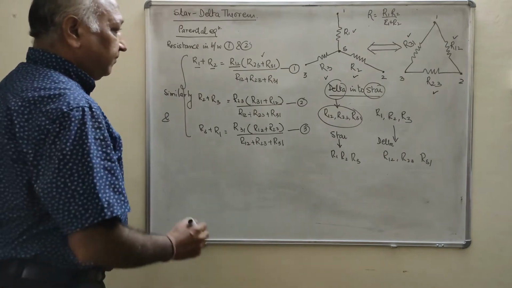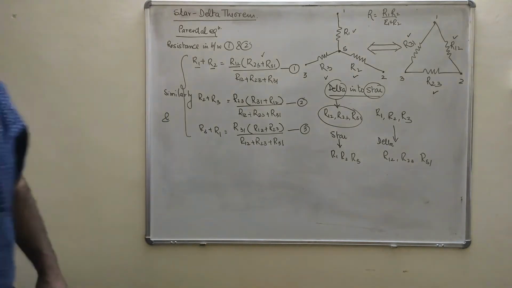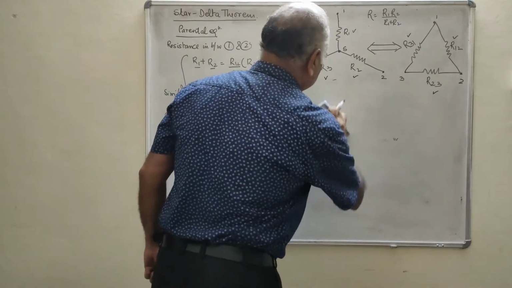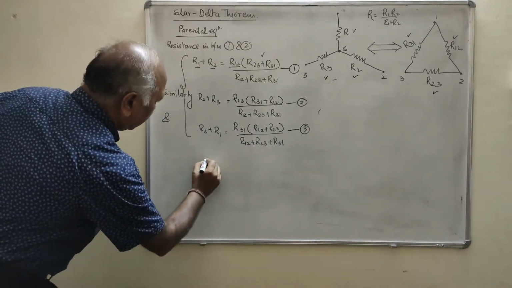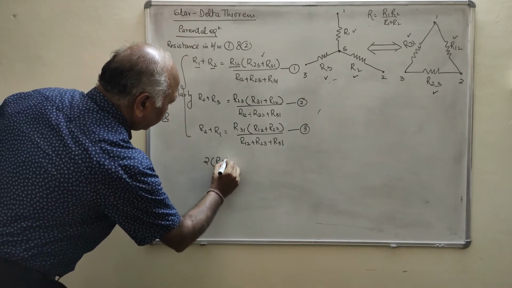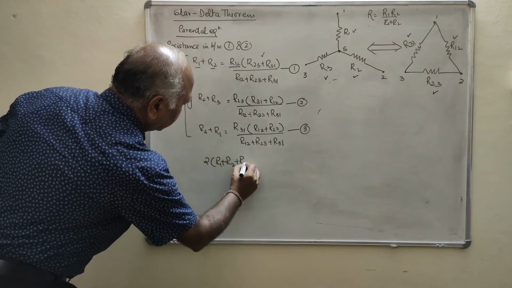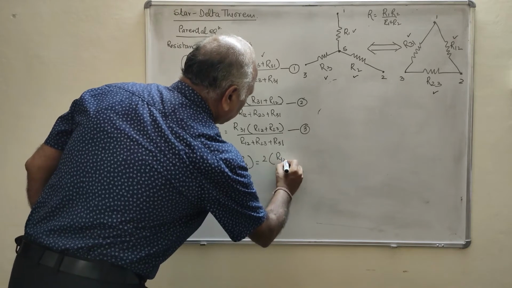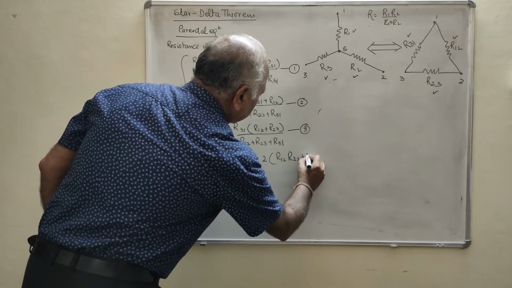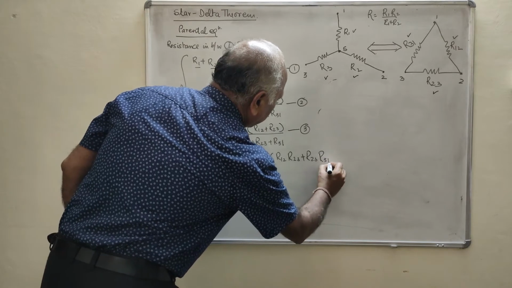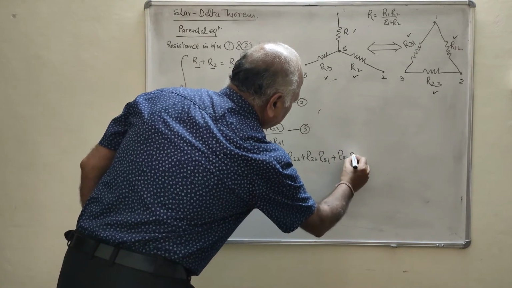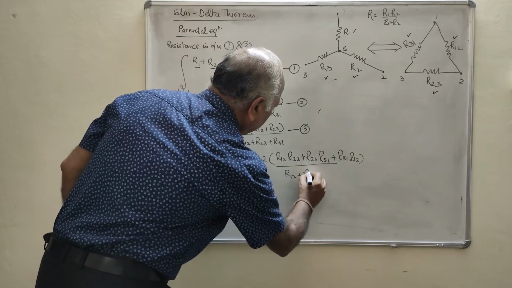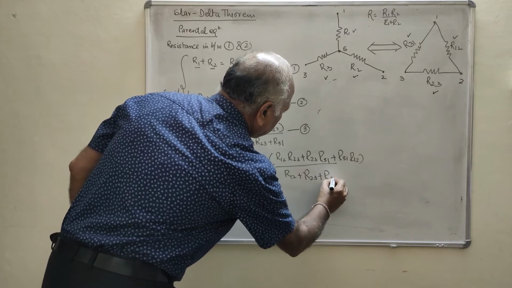You will see, first of all, we will add all 3 equations. That is twice of R1 plus R2 plus R3 is equal to twice of R12 R23 plus R23 R31 plus R31 R12 upon R12 plus R23 plus R31.